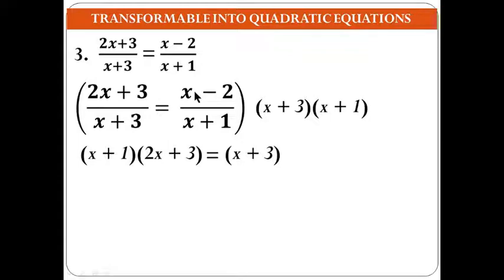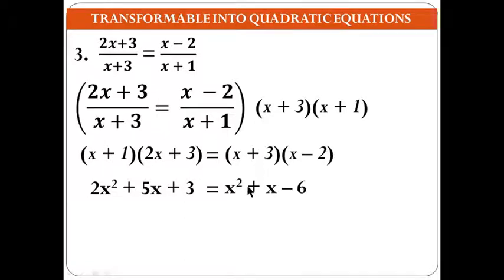Now, using the different method by multiplying two binomials, pwede kahit anong gamitin. So, kapag minultiply itong dalawa, the product is 2x squared plus 5x plus 3 equal to, ito namang dalawa ay x squared plus x minus 6. Now, combine similar terms.